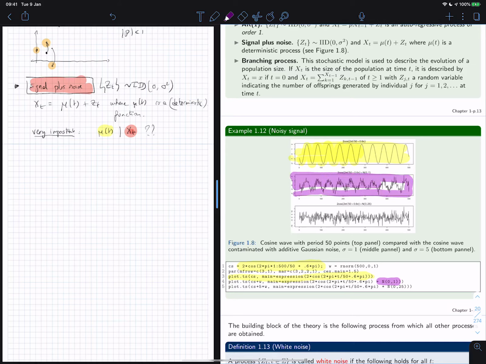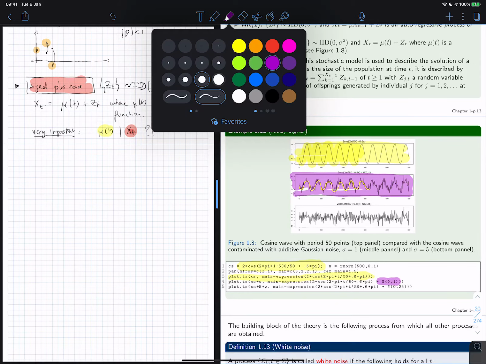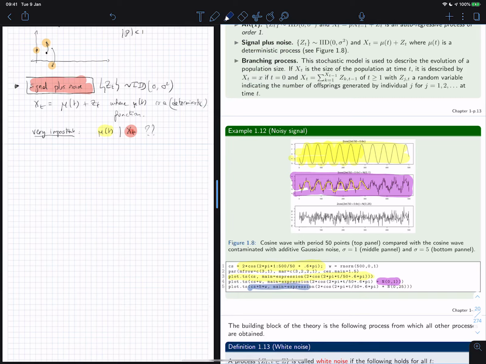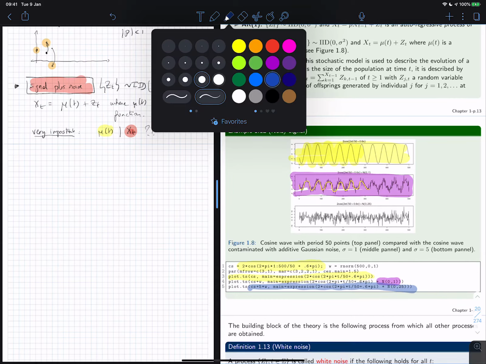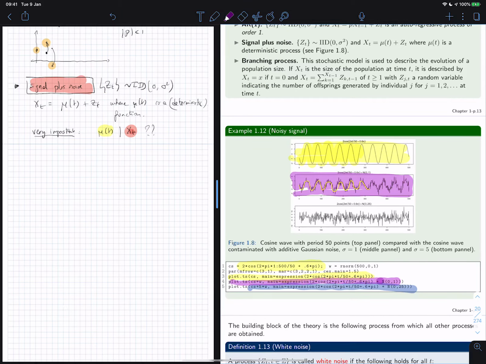What you see here in the purple plot is that you can still distinguish the cosine wave. It's just that it's been noised. And then in the next level, the blue one, I added a noise with variance 25. Clearly I've added so much noise that you can barely distinguish the cosine wave that's in the middle.